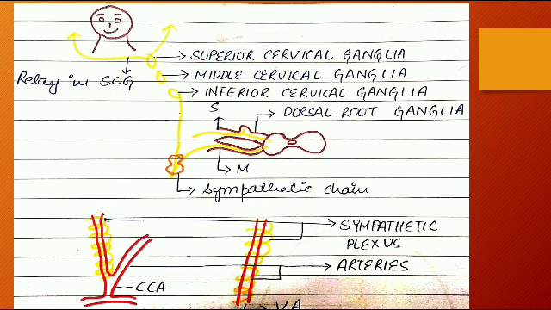In another video, I'll be teaching you the middle cranial fossa. In that middle cranial fossa, we will learn about the carotid canal. So one of the contents of the carotid canal, or you can say the foramen lacerum, is the internal carotid artery. So how is the sympathetic plexus, which I'm telling you here, going to be helpful?